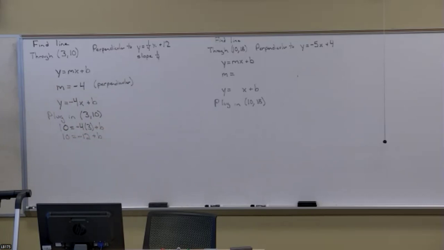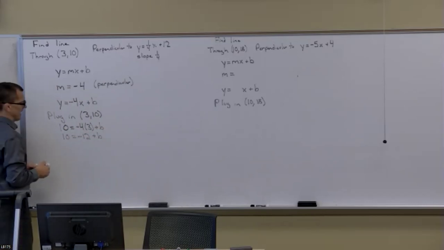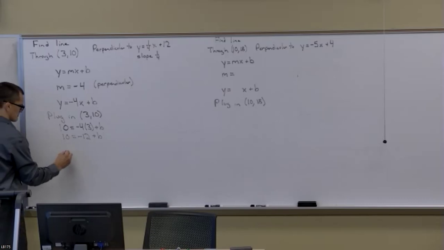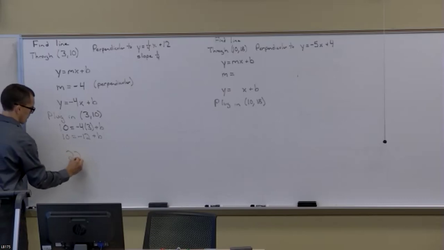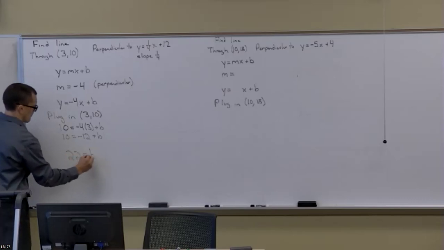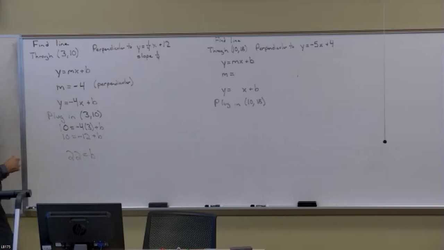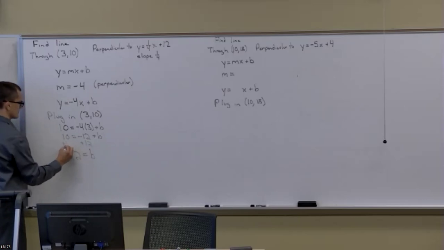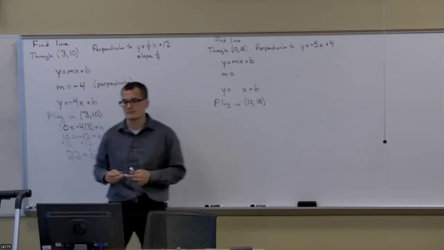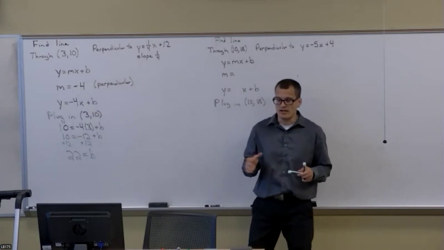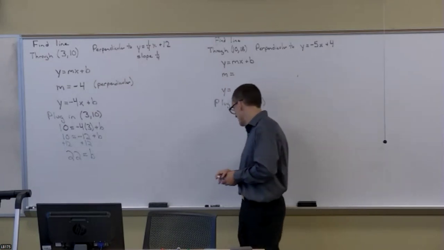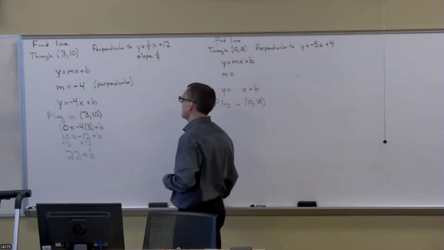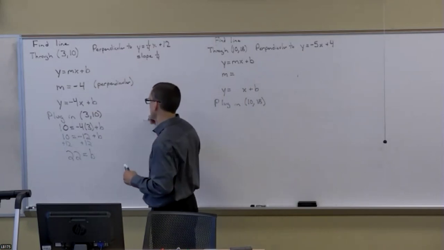Adding 12 to both sides tells me that b has to be 22. And then we're done. Now we have the equation of that line: y equals -4x plus 22.